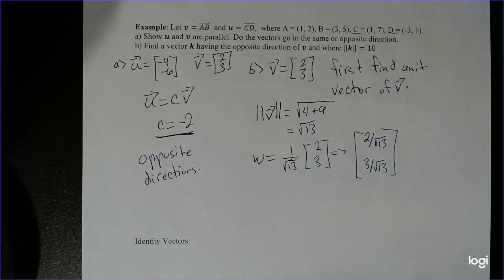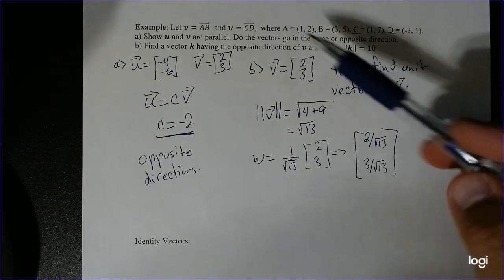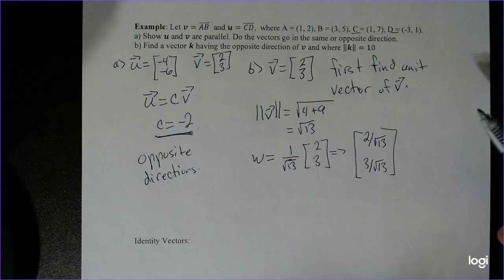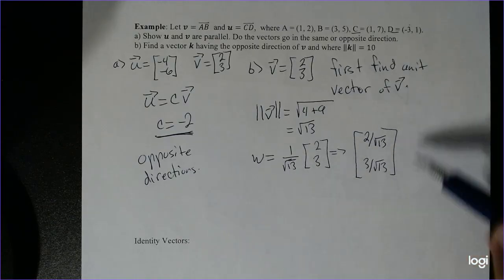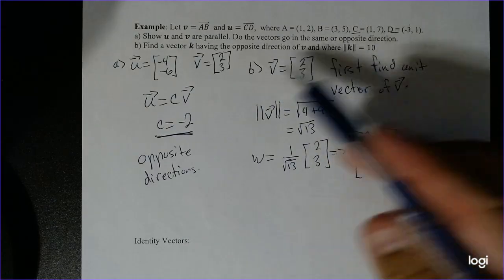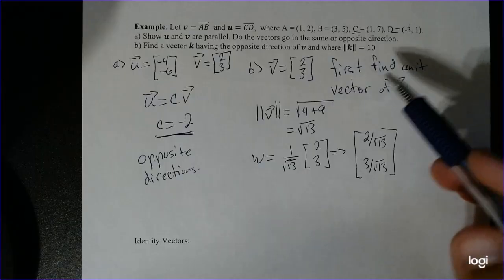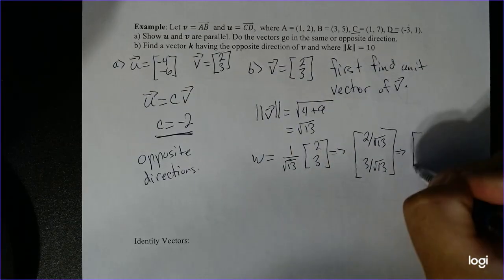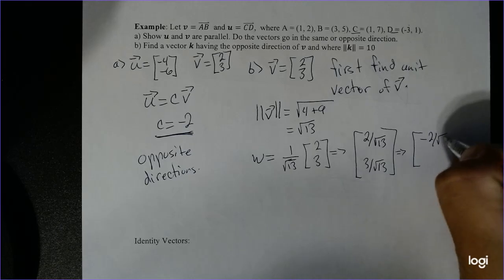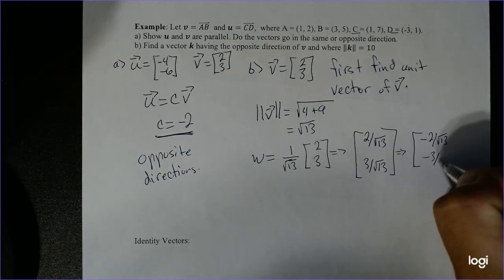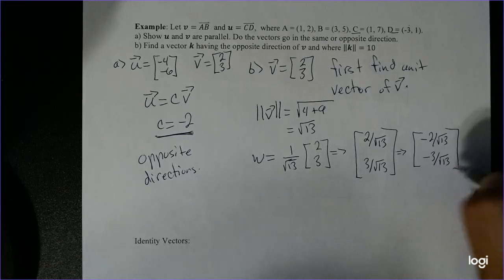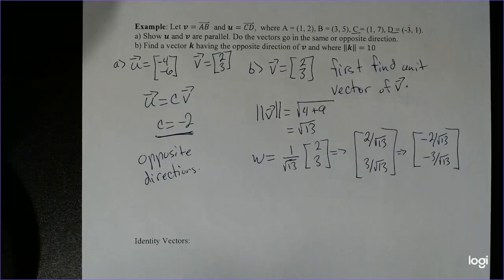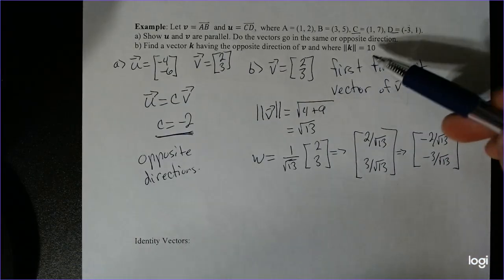Now, we want the opposite direction, so I'm just going to tweak this. Opposite direction means I'm just going to change the sign. Now we have to deal with this length of 10.